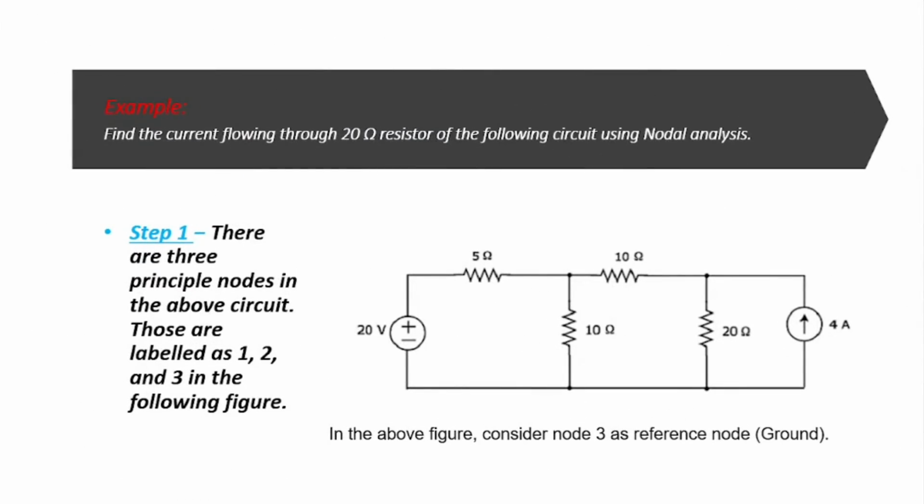Let's solve an example. Find the current flowing through the 20 ohm resistor of the following circuit using nodal analysis. Step 1: Here there are three principal nodes in the above circuit. They are labeled as 1, 2, 3 in the following figure.